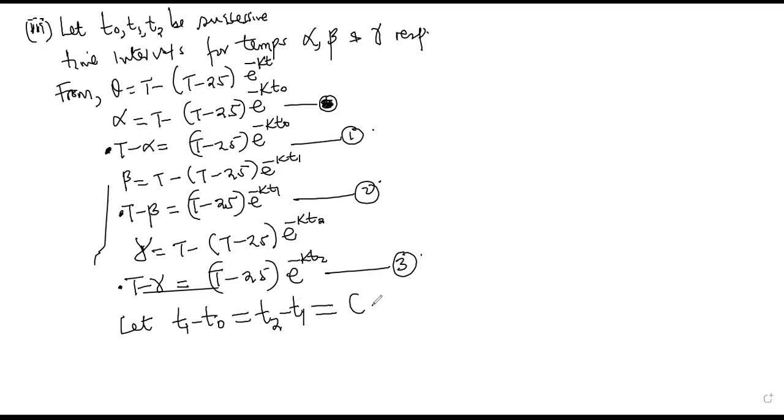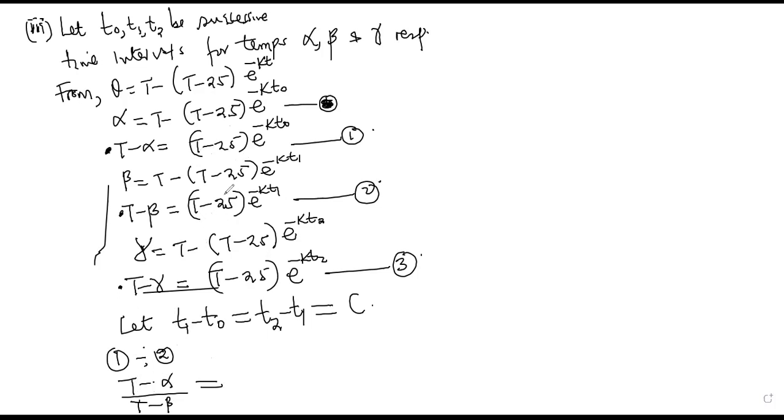Now, if I get equation 1 and divide it by equation 2, it would mean that I have (T minus alpha) over (T minus beta) is equal to, T minus 25 will cancel, because in both cases I have T minus 25.